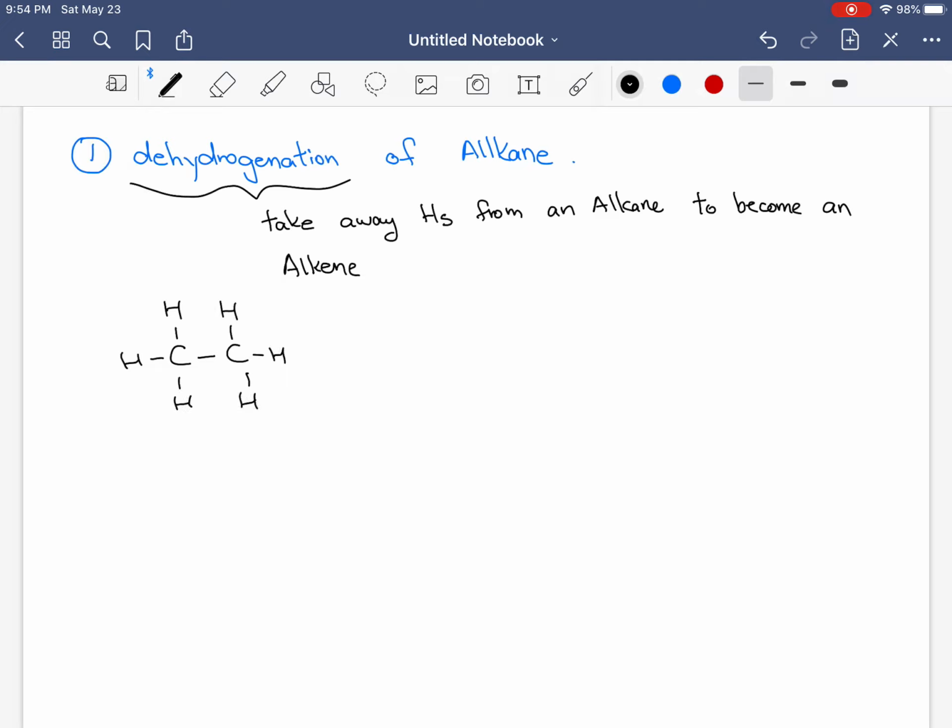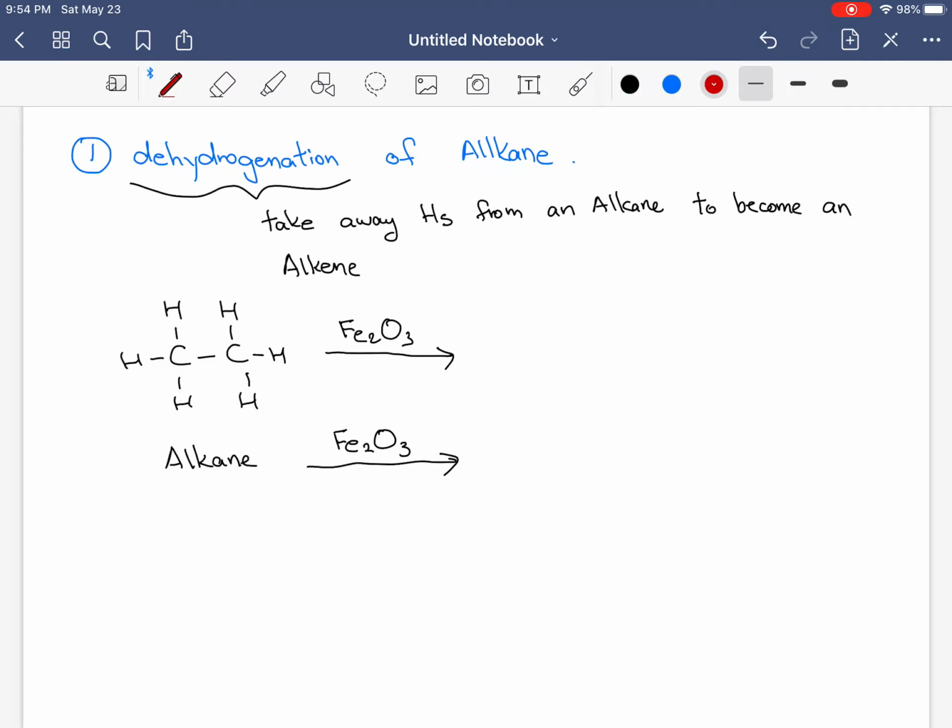Here's ethane. If you put ethane, which is of course an alkane, under the catalyst of iron 3 oxide, these are very important or else the reaction will not occur. What happens is this.